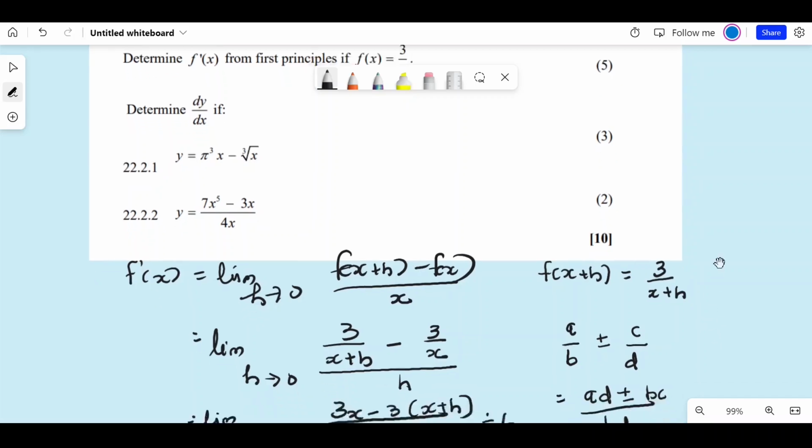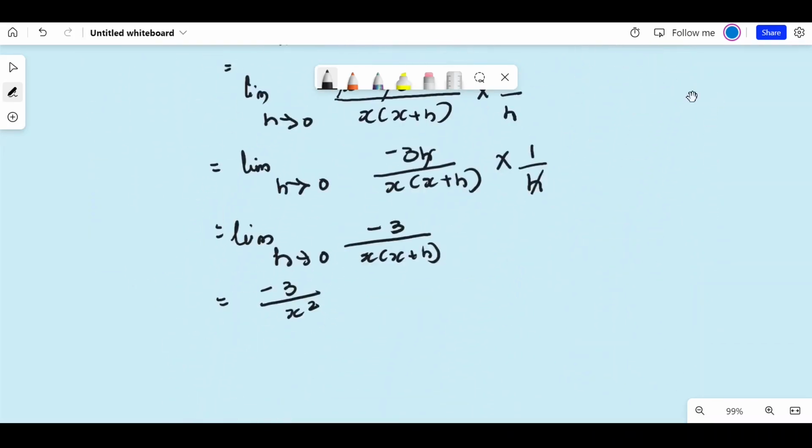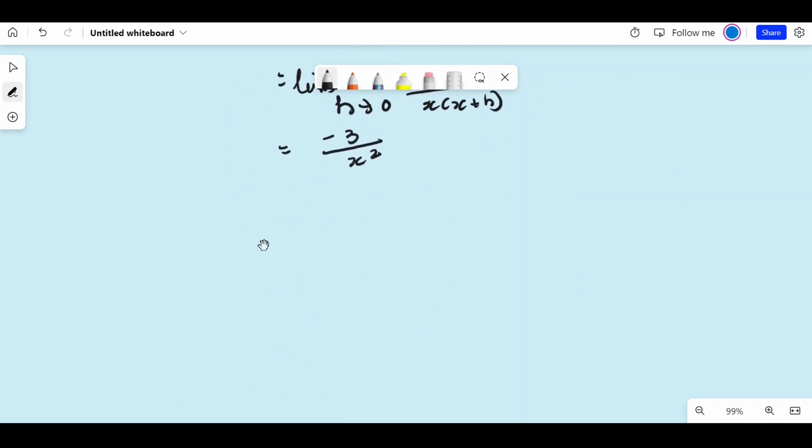Before we go to the question, let me quickly explain how we use the rules of differentiation. There is only one main rule, which is d over dx, that is derivative with respect to x, of k times x to the power n, is equal to k remains as k, n x to the power n minus 1.